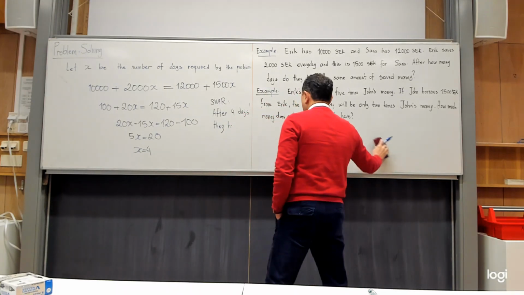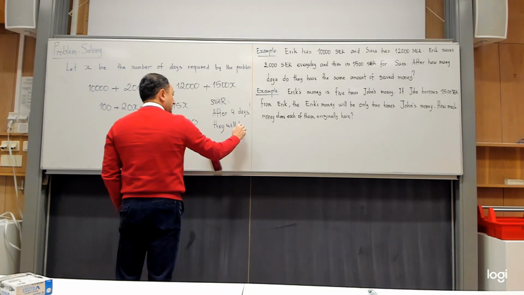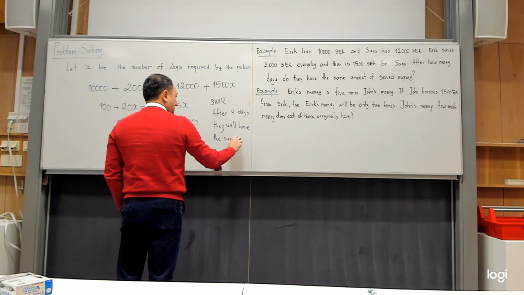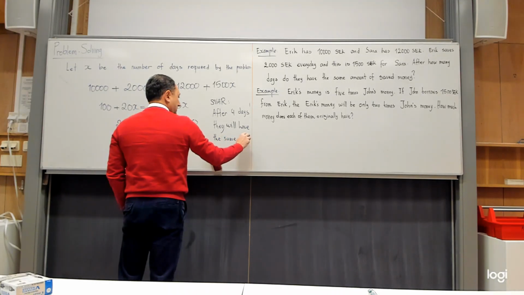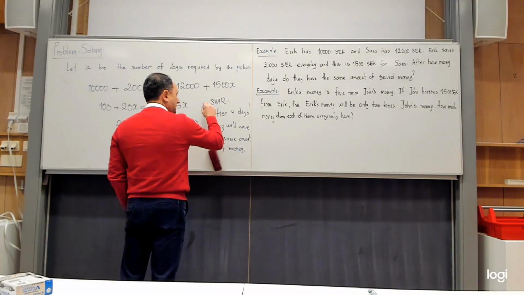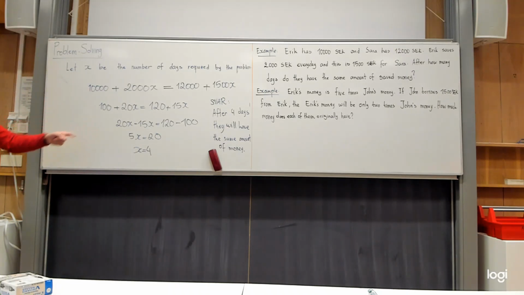They will have the same amount of money. This you need to write in the exam. This is your calculation, but after the calculation you need to answer the problem.